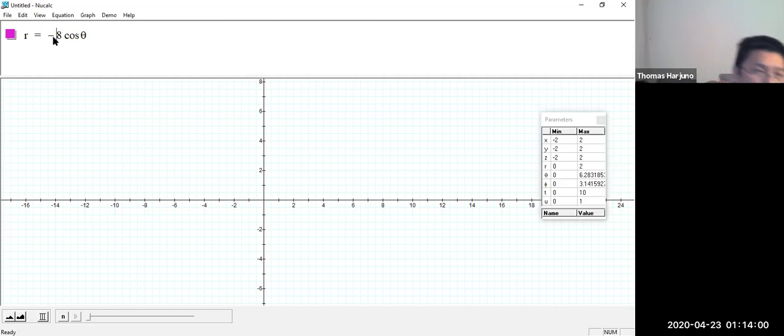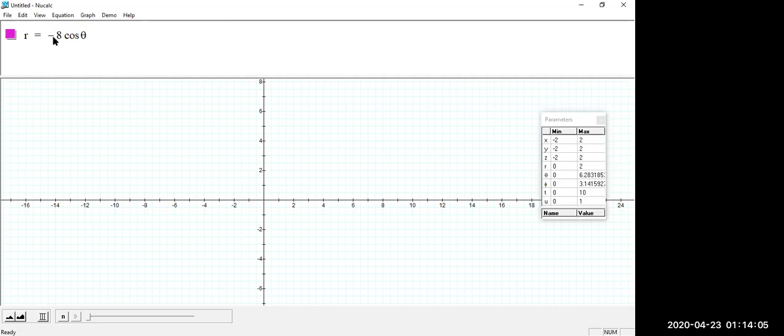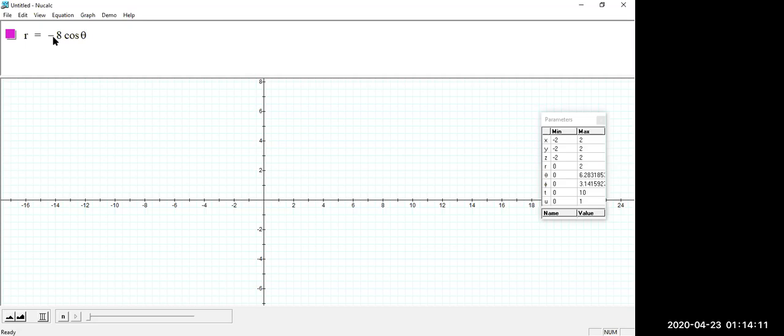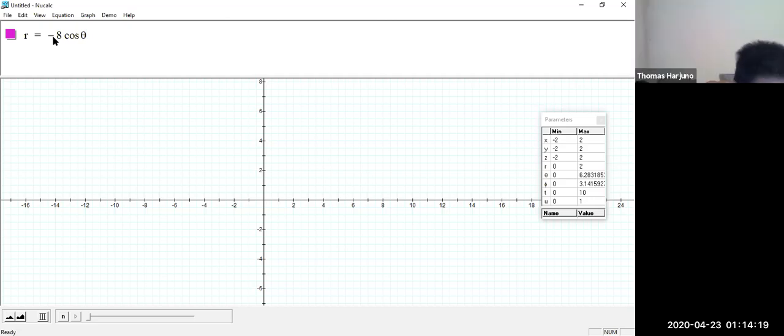Now, what will the radius be? 4. The radius will still be 4, but where's the center now? At negative 4. To be more precise, negative 4, comma 0. That's right.